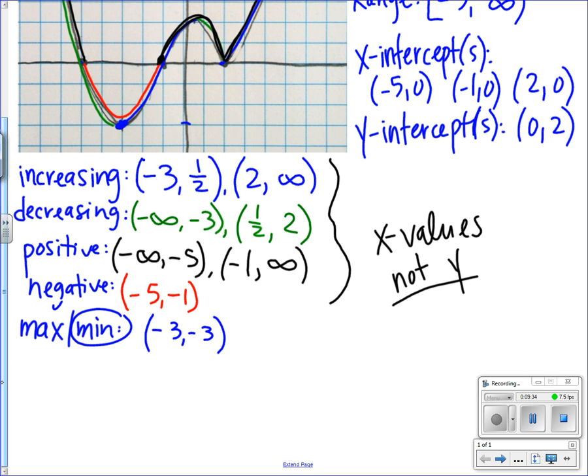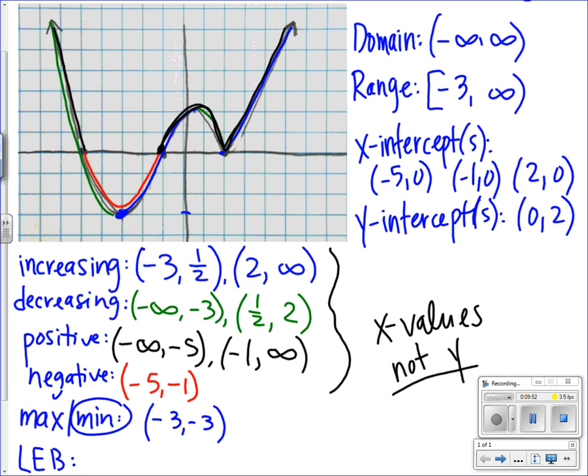Good, and the last two things, let's do our left end behavior and our right end behavior. So just a quick review, is this an even or an odd function? If it's going up and up. Even, good. And is it going to have a positive leading coefficient or negative? Do you guys remember? Positive. Good.